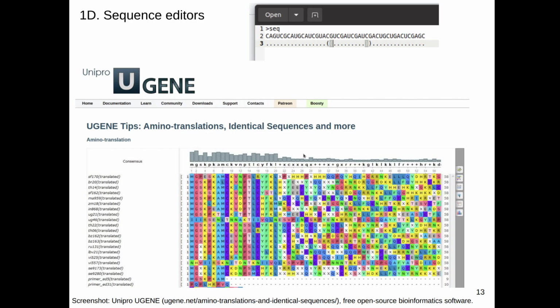Now, sequence editors, the editors where you can look at and edit or rearrange your sequences. There are some specific tools for that, like the Unipro UGENE tool, for example, which I think may be Windows only. Maybe it's not suitable for Linux, but I'm not sure here. Or you can just use a simple notepad on any system. This is a screenshot of a notepad which I use on my Ubuntu.